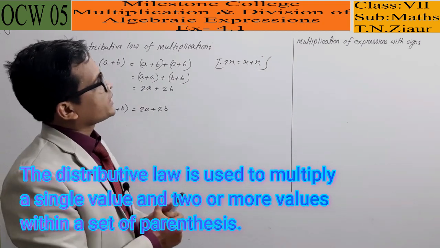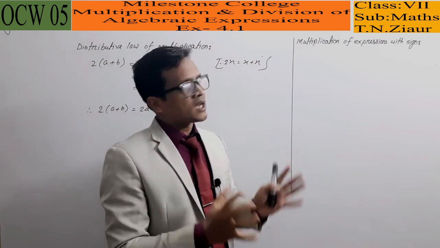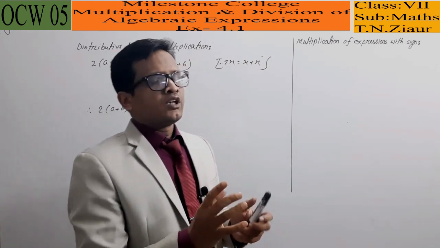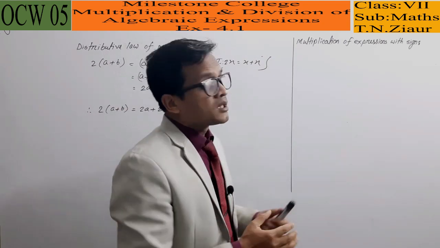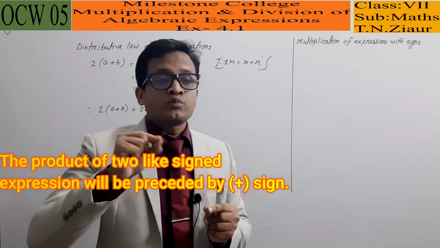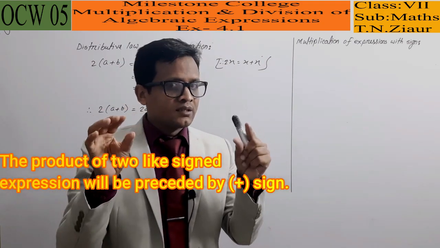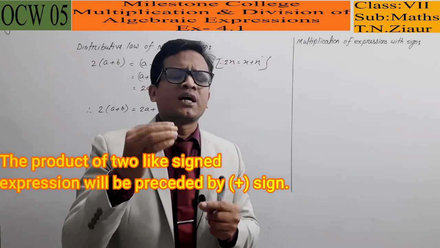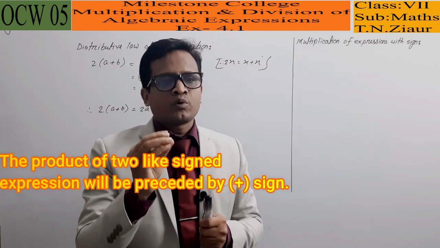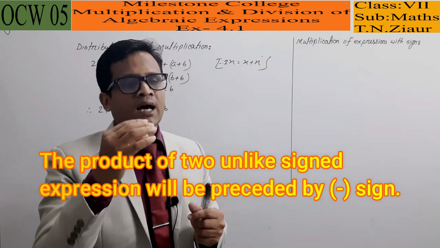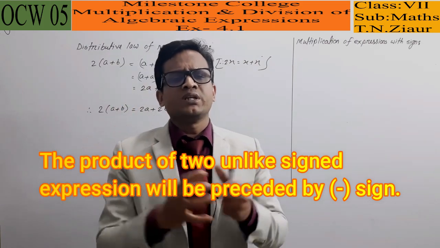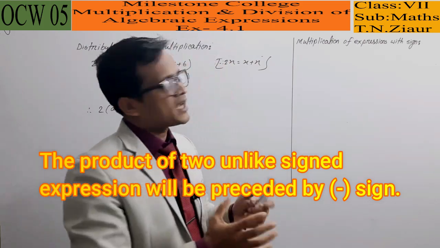So now, multiplication of expressions with sign. Maybe in class 6 you have already learned this. The product of two like signs, that means the same sign, will be preceded by a plus sign, and the product of two unlike signs will be preceded by a minus sign.